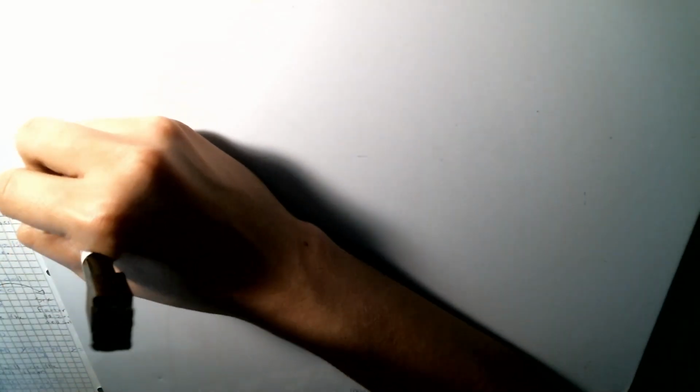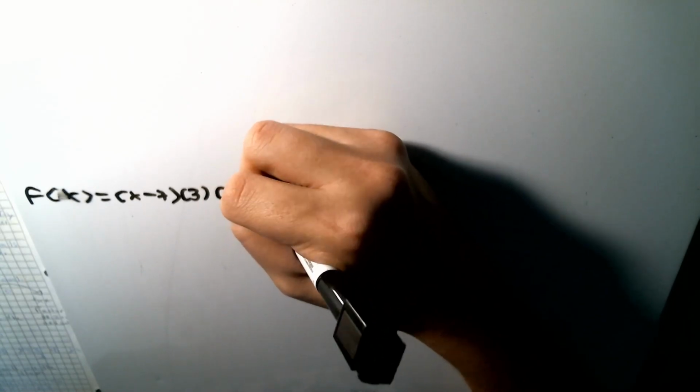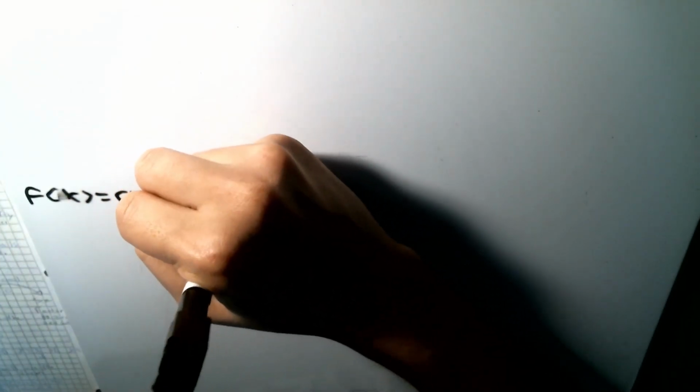Now we're going to calculate the y-intercept and we'll plug in 0 for x. So f of x equals x minus 7 multiplied by 3x plus 2 over x plus 4 multiplied by x minus 6.